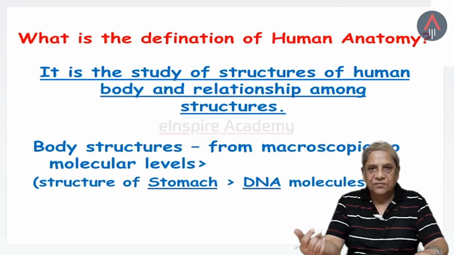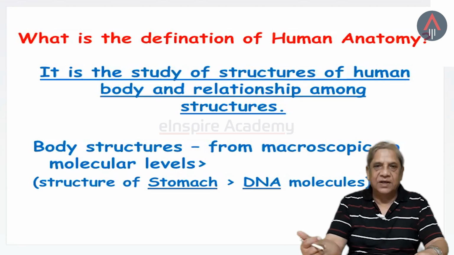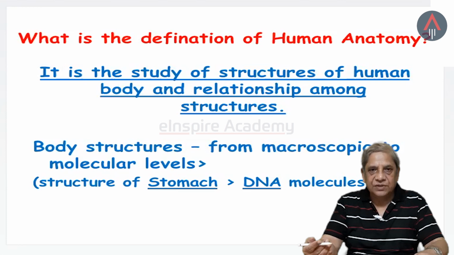Say for example, if you are learning the stomach, you will have to know not only the structure of the stomach, its borders, surfaces, its blood supply, its nerve supply, but you will also have to study what other structures of the body are lying superficial to the stomach.